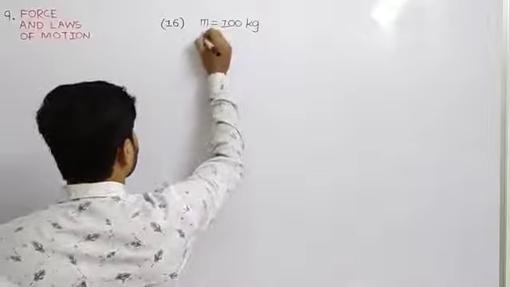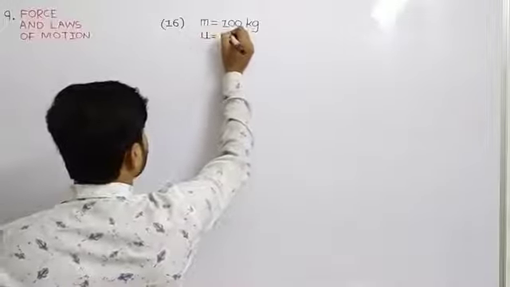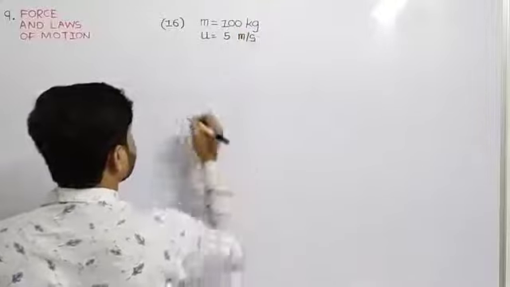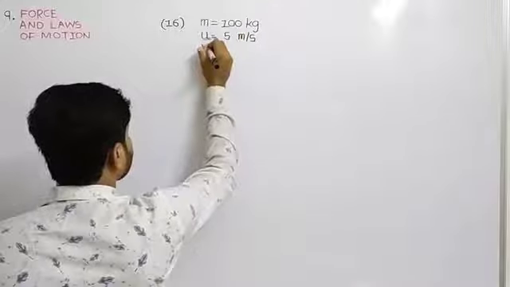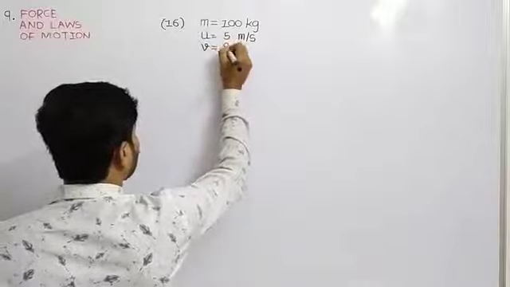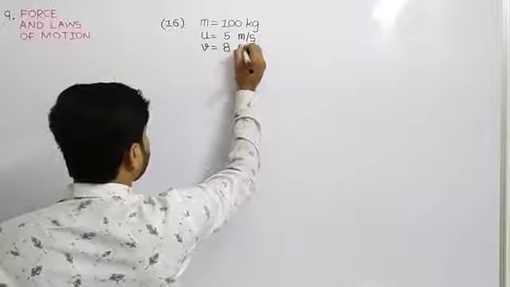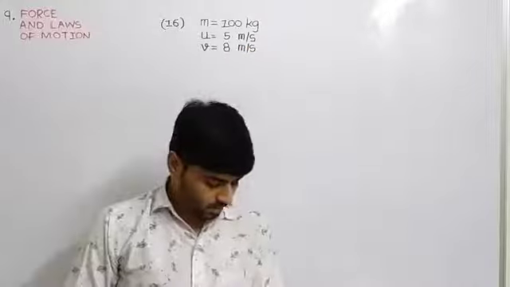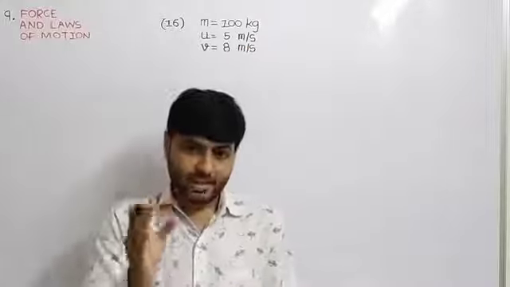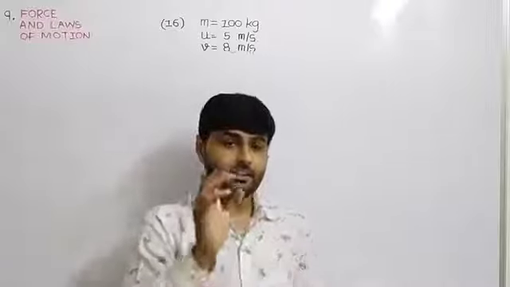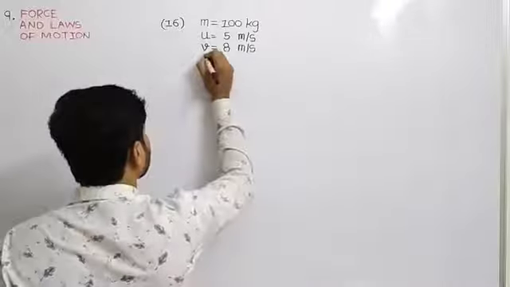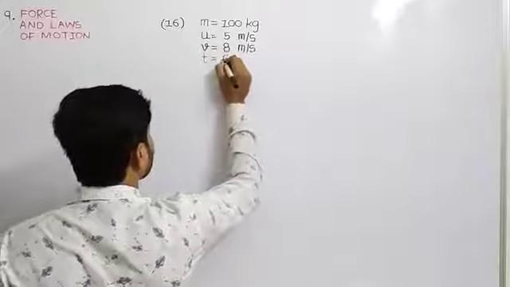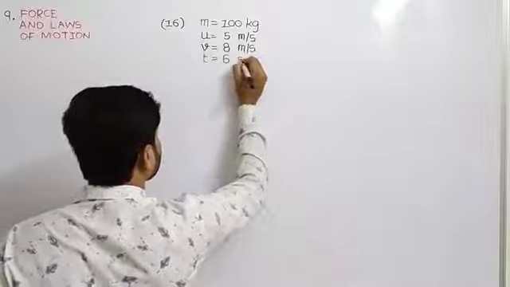Initial velocity U, that is 5 meter per second, and final velocity V is equal to 8 meter per second. To gain this velocity, it requires 6 seconds of time. So we have T is equal to 6 seconds.